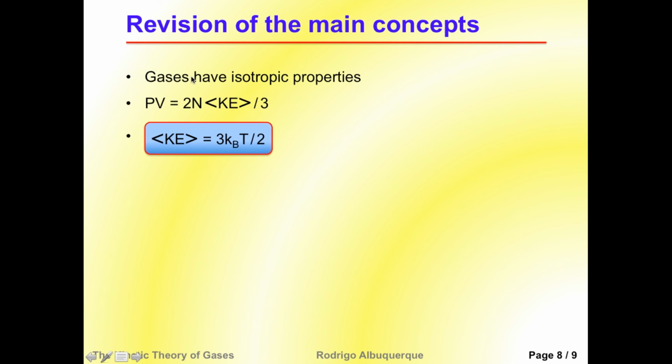First, we have seen that gases have isotropic properties. We can relate the pressure and volume of a gas with its average kinetic energy, as we saw in this expression, and we can find the temperature of a gas if we know the average kinetic energy of the gas molecules. So this is a very important equation.